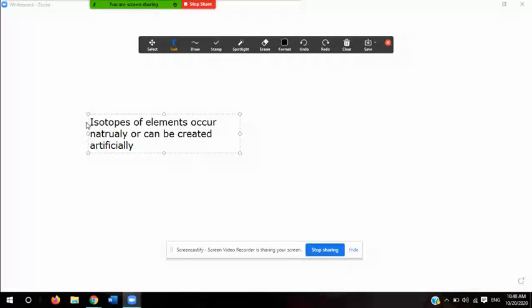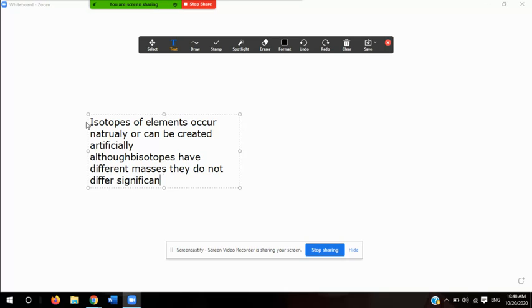And although isotopes have different masses, they do not differ significantly in their chemical behavior.